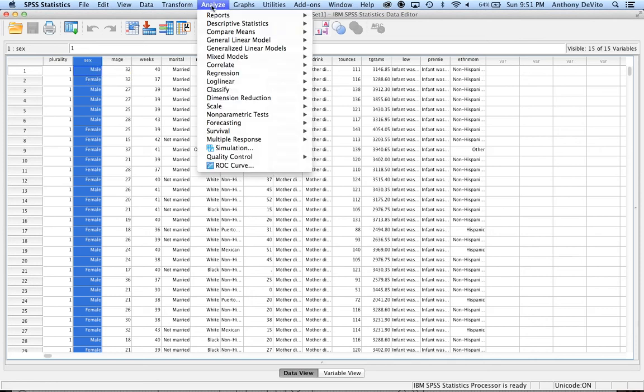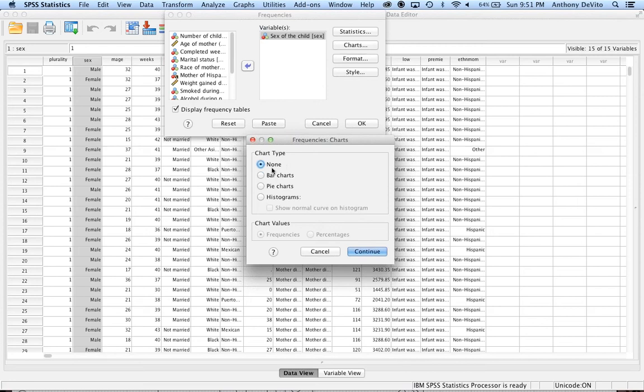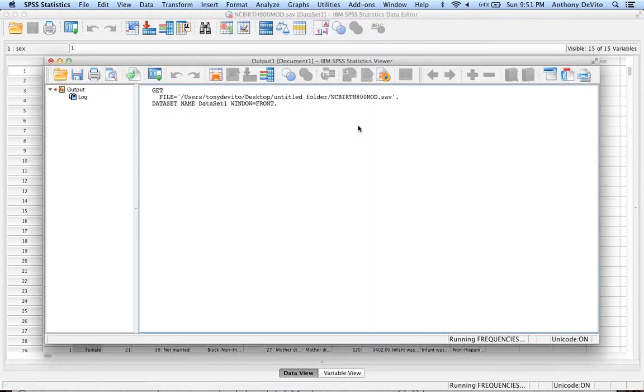For instance, Analyze, Descriptive Statistics, Frequencies for the sex of the child. And maybe if I wanted a chart, I might ask it to make a bar chart for me. Okay, and I'd say okay.